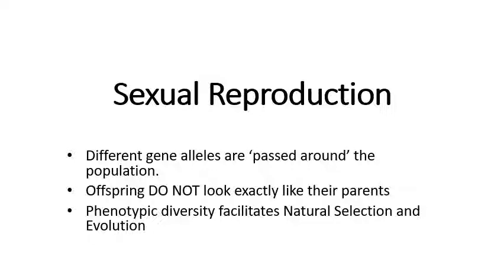We have different alleles for different genes being passed around between individuals. We have males and females in the human race, for instance. There are other organisms that don't have males and females, but they still reproduce sexually. These individuals with different combinations of alleles reproduce with each other to create even more different combinations, and that's the idea.